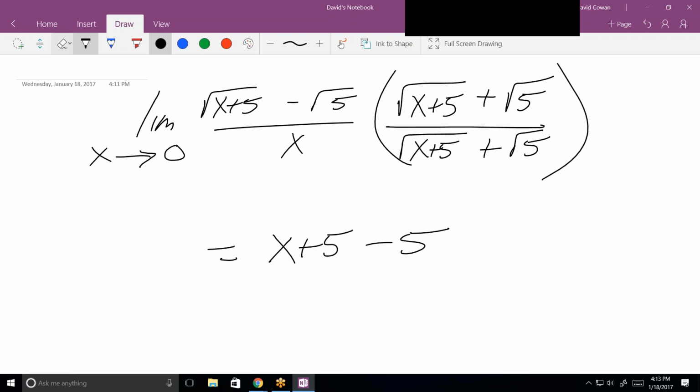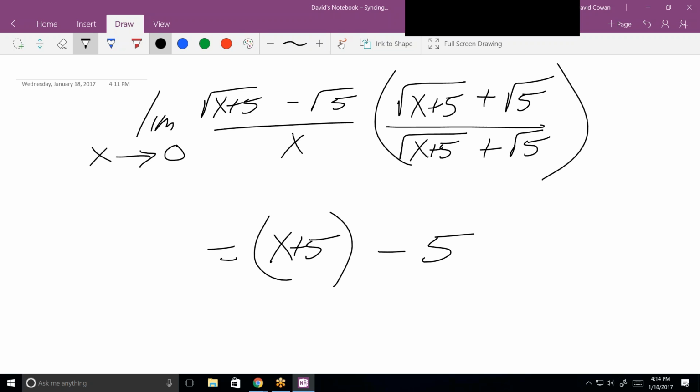In other words, if I do the multiplication, top only, I get the square root of x plus 5 times square root of x plus 5. That gives me x plus 5. The two middle terms cancel one another. And that's the reason we multiply by the conjugate, because we know the middle two terms are going to cancel one another out, but then the final term is that.